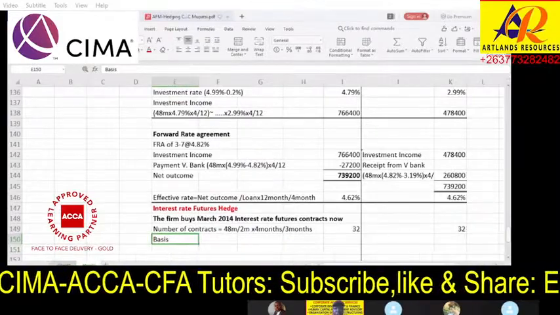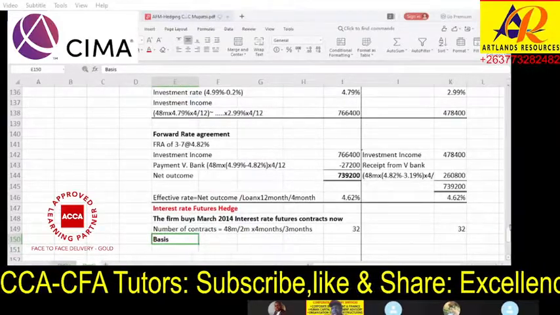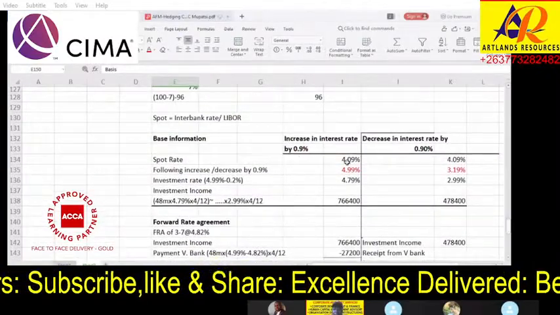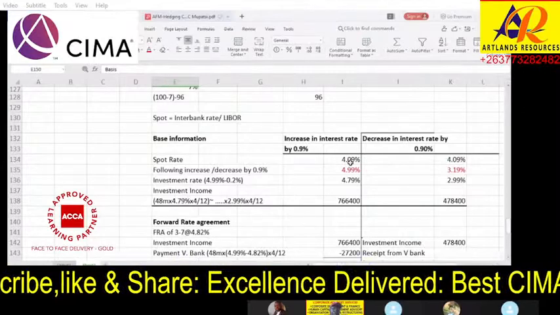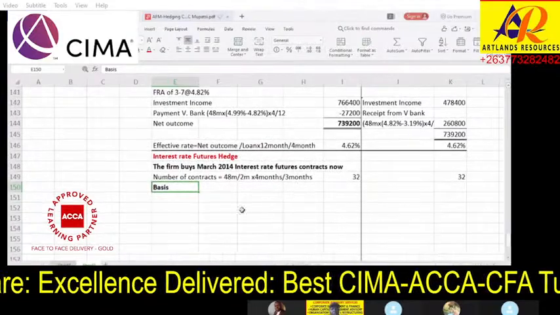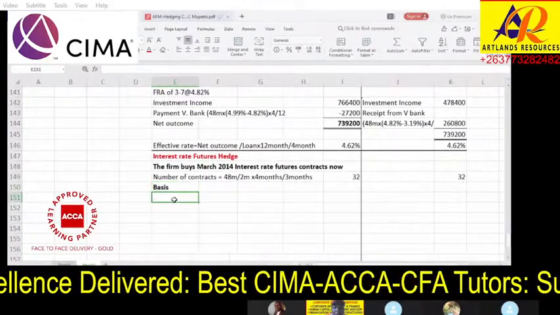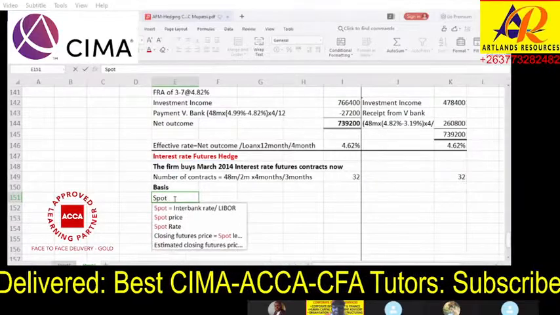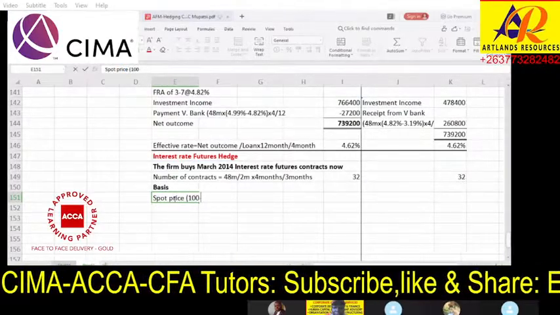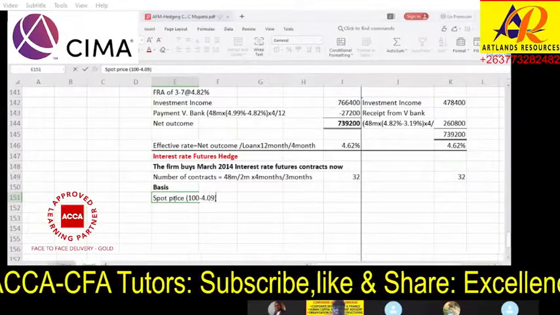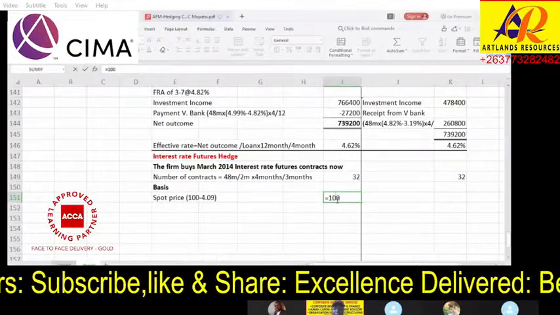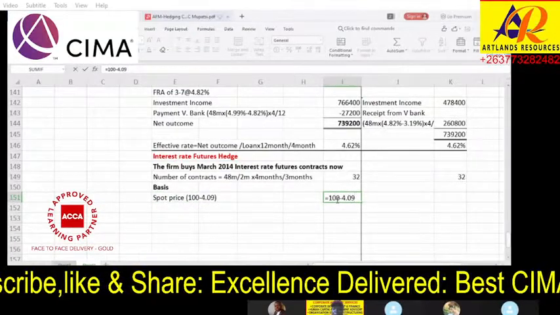You need the spot price, but spot price is today's price. In futures now, today's price is the spot rate here. It's 4,09. So you write it in futures notation. So you say spot price. You write it in futures notation, 100 minus 4,09. That's discount basis notation. So you get equals 100 minus 4,09.